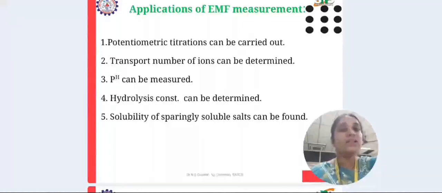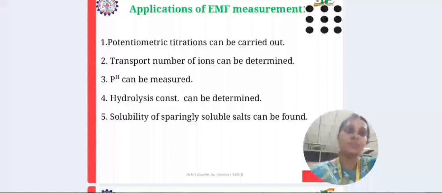The hydrolysis constant can also be determined using EMF measurement, and the solubility of sparingly soluble salts can also be found. We can easily predict the solubility of soluble salts; for non-soluble salts there is no solubility; and a completely miscible soluble salt we can easily calculate.